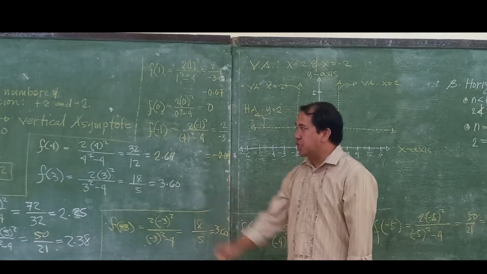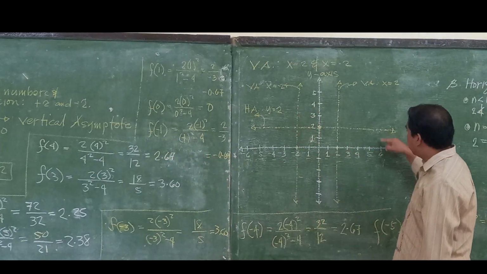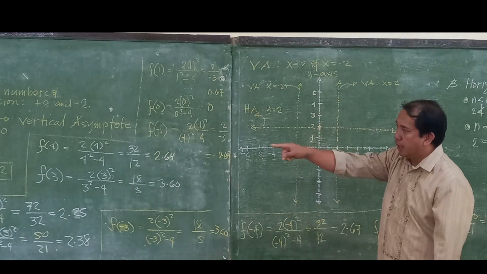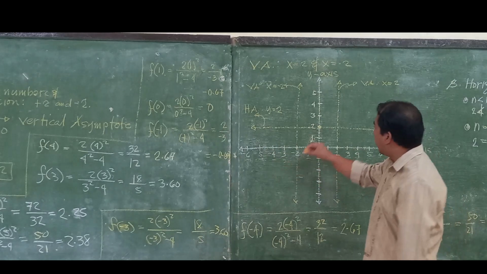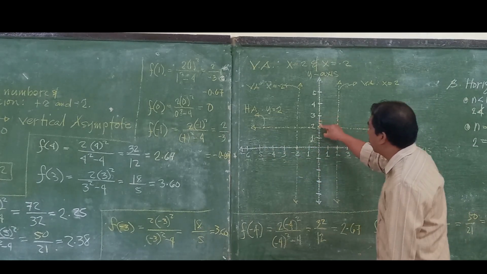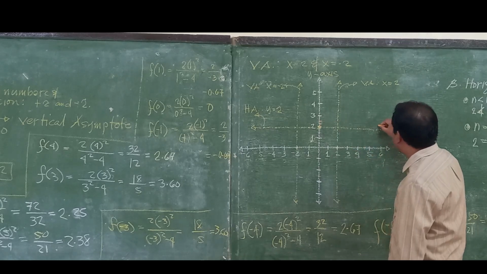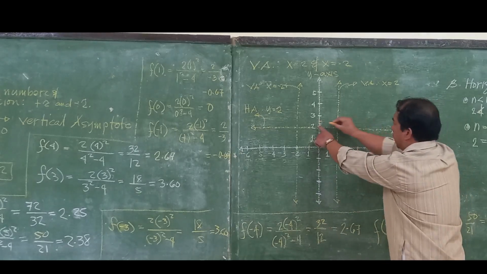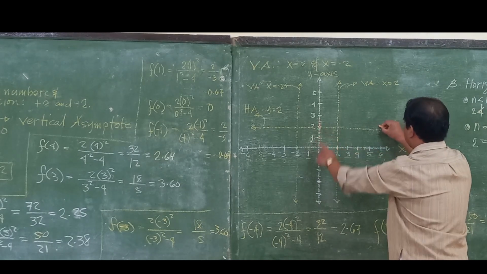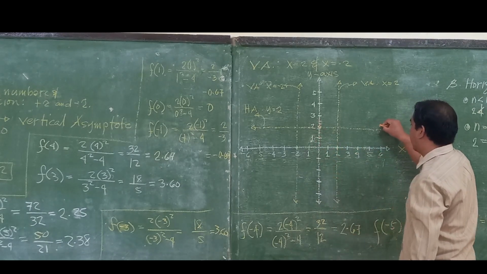If our x is 6, what must be your y? It says in there 2.25. So if this is 2.50, this must be 2.25. So where is that located? Most probably, it is located in here. Okay? We will try to draw an accurate graph.